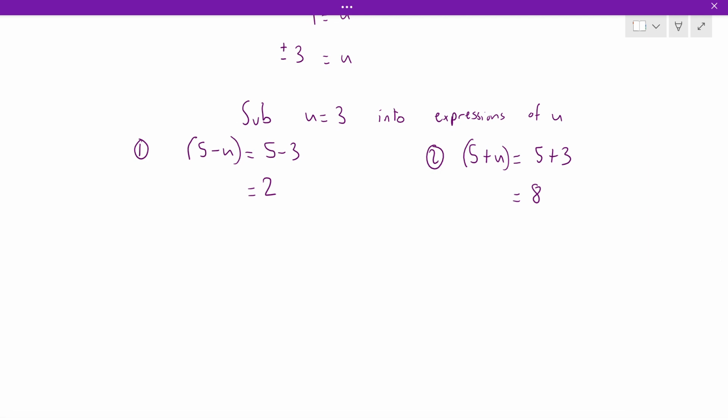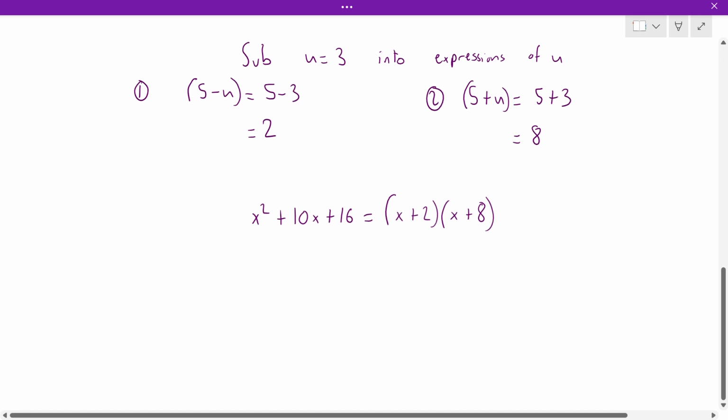So let's rewrite the original expression, which was x squared plus 10x plus 16. My factorized form is now going to be using those two numbers: x plus 2 and x plus 8.